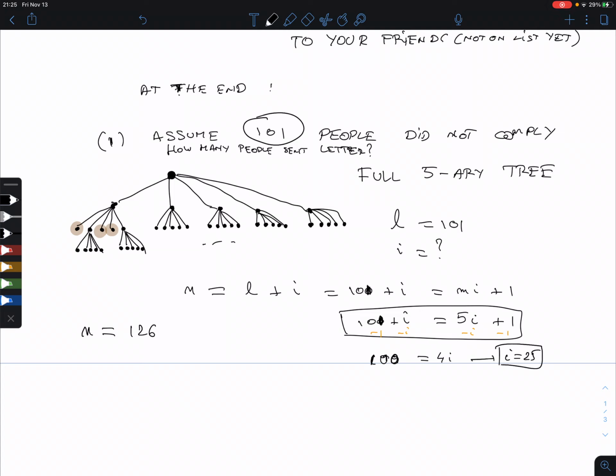So let me clarify why there was a little hiccup here. If you have a situation like this, like let's say a full m-ary tree, there are only certain numbers that can occur as the number of leaves.